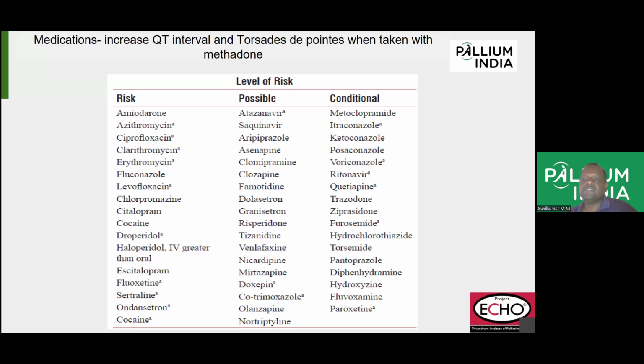These medications are used very commonly in palliative care. So when you prescribe methadone, be careful about these medications. And it may not be possible for you to remember all these medications. So better you take a printout and put it in your doctor's room or somewhere else so that we can refer easily. You can see even pantoprazole has a risk.